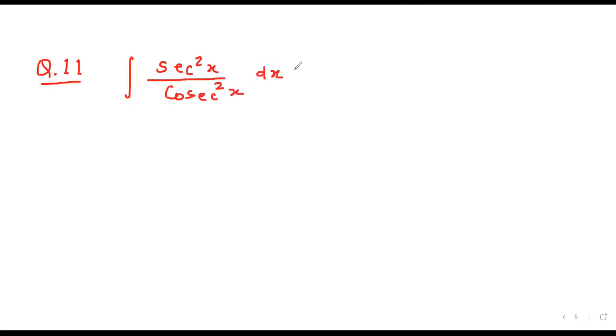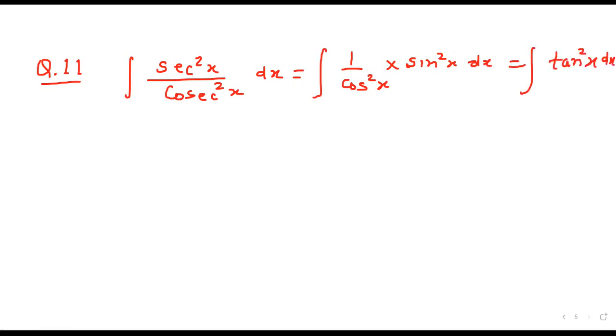Let's go to question number 11. Question number 11 says, suppose we are given integration of sec square x divided by cosec square x dx. So we can change it. So 1 upon cos square x times sine square x dx, which will become integration tan square x dx.